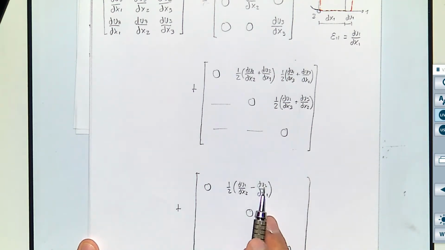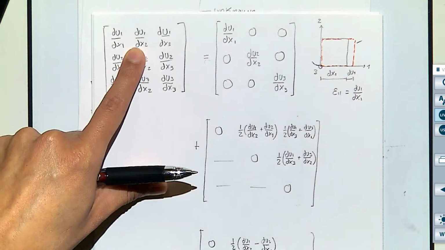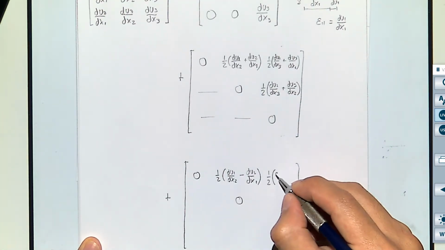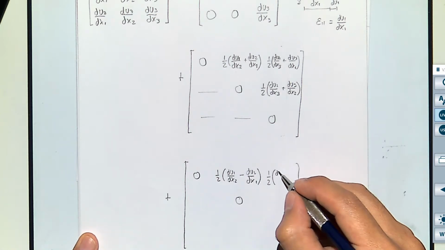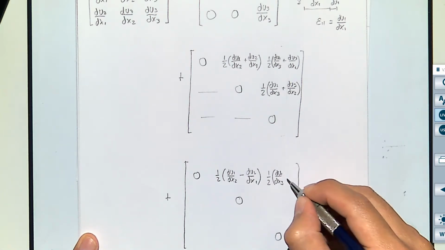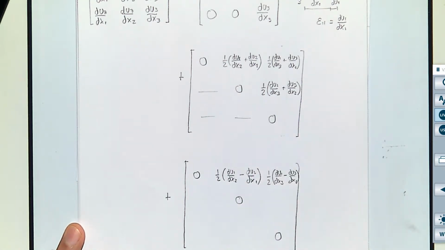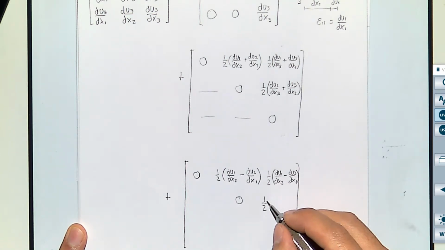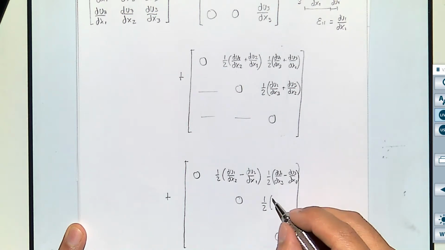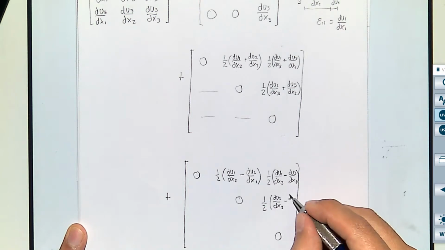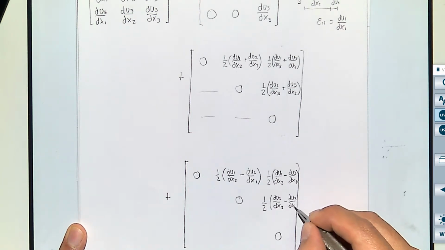So now the first row, second column element is this. And I'm going to do the same with the other two. du1 dx3 negative du3 dx1, and finally, well, not finally, I need the other off-diagonal terms, but I have du2 dx3 negative du3 dx2.